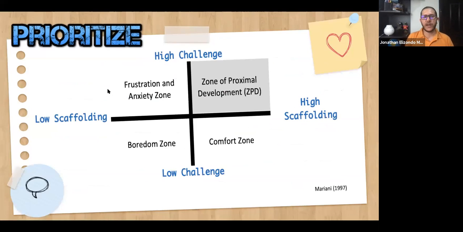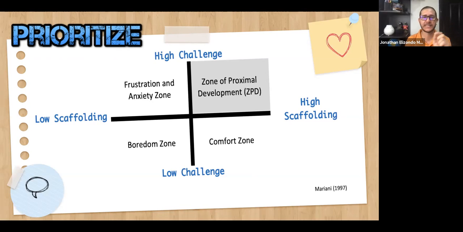Now we also need to prioritize, and here I'm not going to spend a lot of time, but I just want you to look at this. This pretty much summarizes the zone of proximal development theory. We talk about scaffolding, meaning the teacher's help, and the challenge, meaning what students need to do. By prioritizing, I mean I need to think about whether activities are going to be done synchronously or asynchronously.